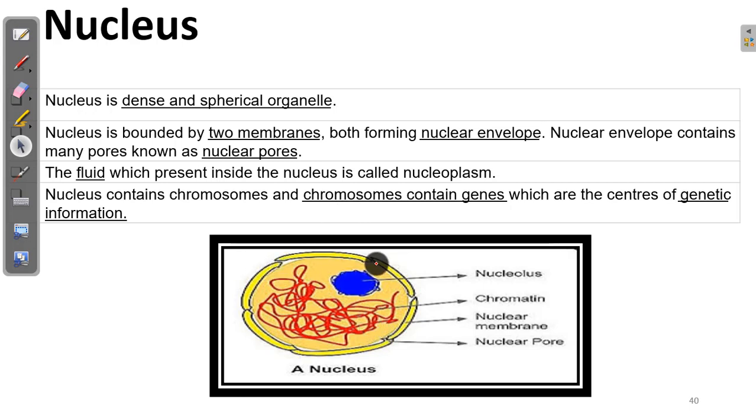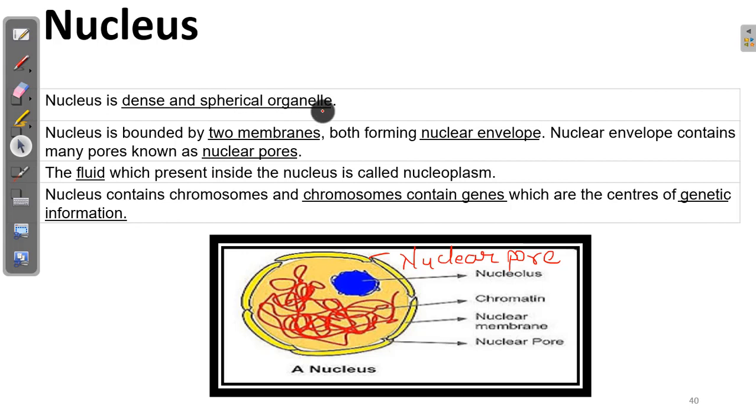If you look in between, the nuclear membrane is not joined together. There are gaps in between. These gaps are said to be nuclear pores. Pore meaning a space in between, so that any substance can enter and leave the nucleus whenever required.